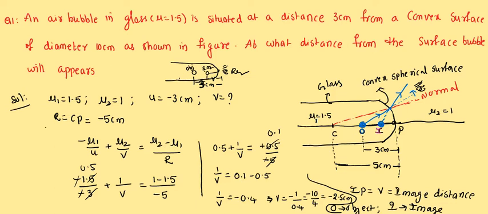The real distance of the object is 3 centimeters, but when we observe from the air medium it appears at 2.5 centimeters. Okay, this is the explanation for this problem.